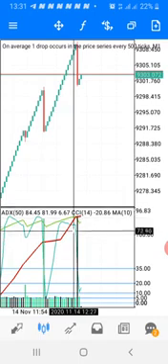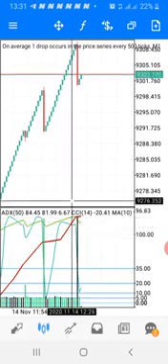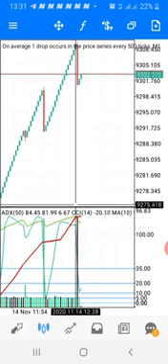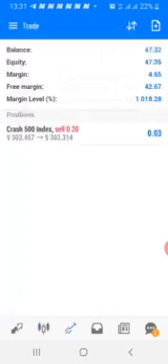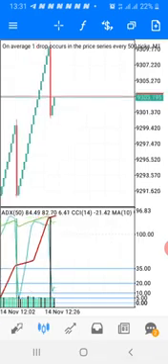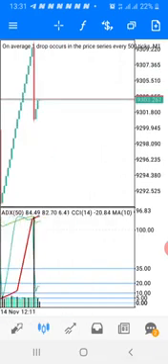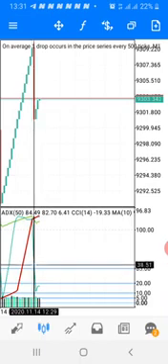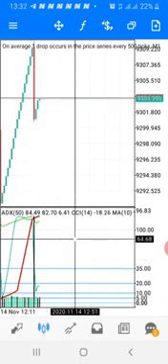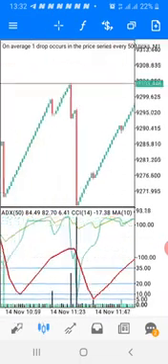I entered this market at this point, and you see, I caught the spike, though I was busy doing other things, so I couldn't close the trade. But since this candle is a black one, I'm expecting another spike. So I will hold on for the market.